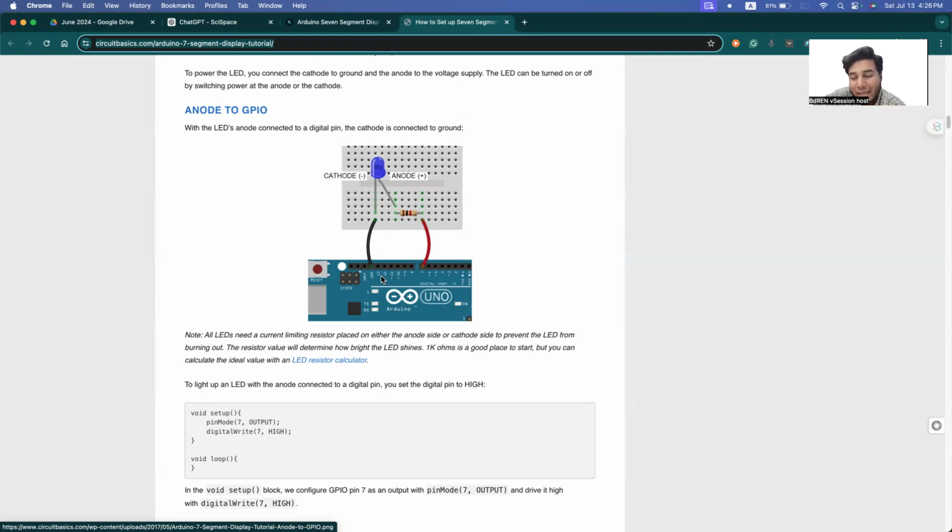A 1 kilo ohm resistor is a very good place to start, but you can calculate the right value with an LED resistor calculator.